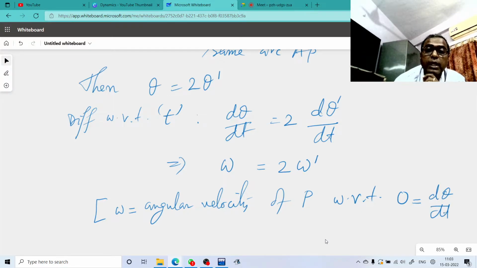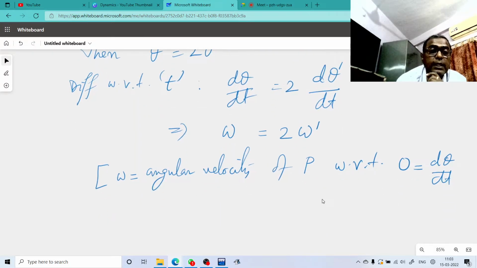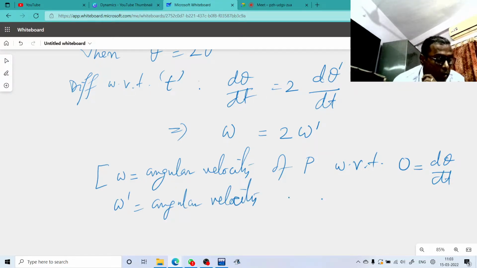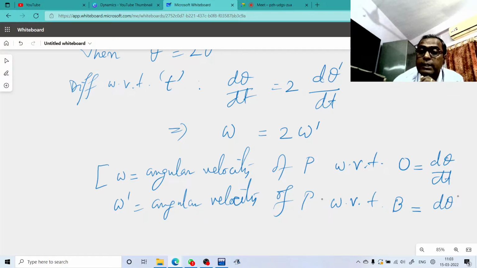And omega dash is the angular velocity of P with respect to any point B on the circumference, and this is d theta dash dt. So this is the omega and this is the omega dash.